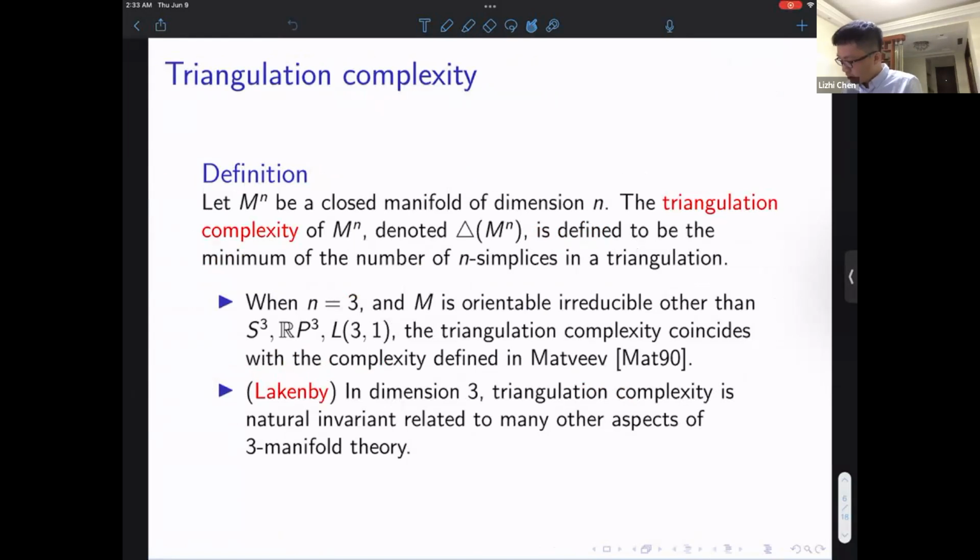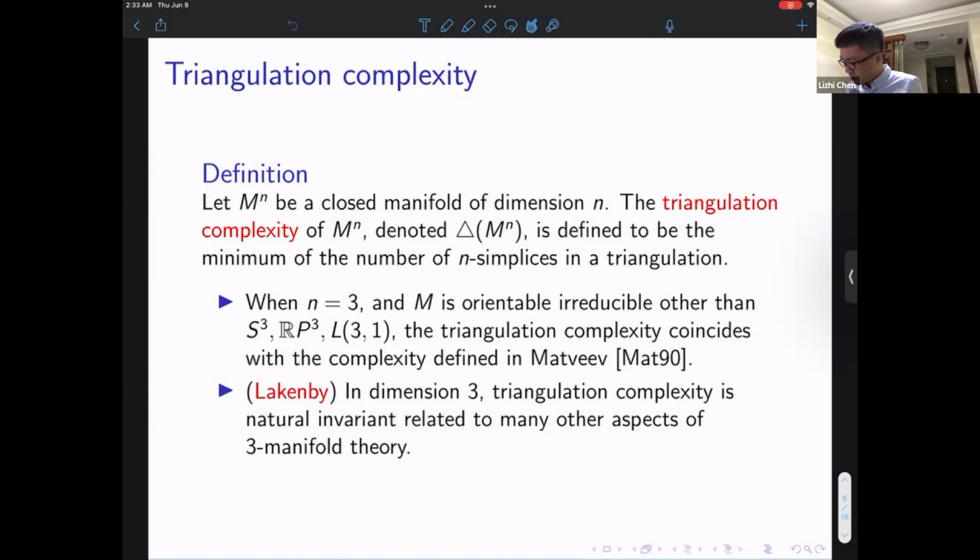The next important invariant is triangulation complexity. The definition is: for a manifold M of dimension n, we define the triangulation complexity to be the minimum number of n-simplices in a triangulation.